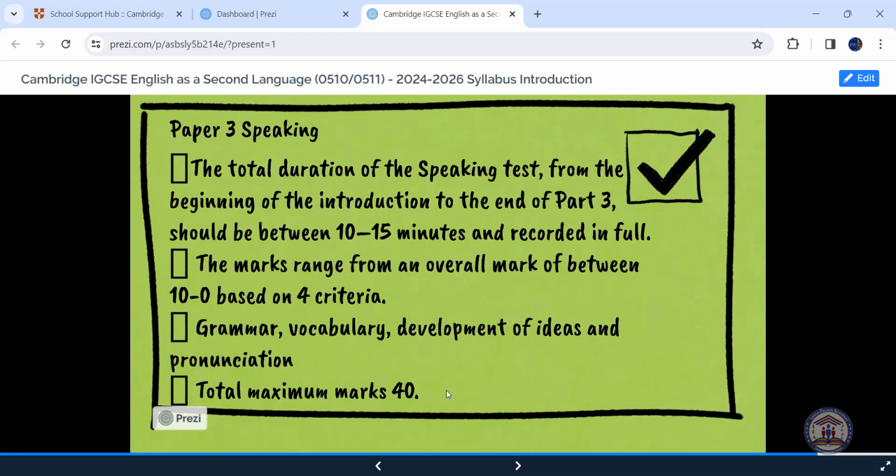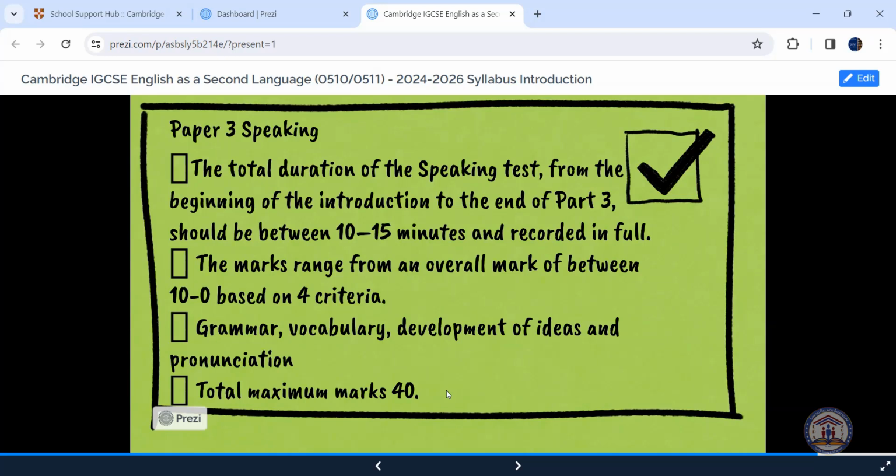So these are the 4 criteria that you will use in order to assess a student's response: grammar, vocabulary, development of ideas, and pronunciation. In pronunciation, you focus on the intonation and the pronunciation of sounds and phonemes and everything. The development of ideas matters especially in part 2.